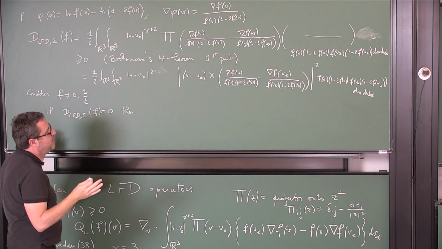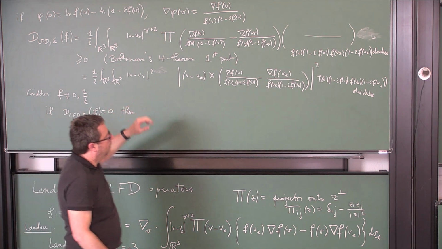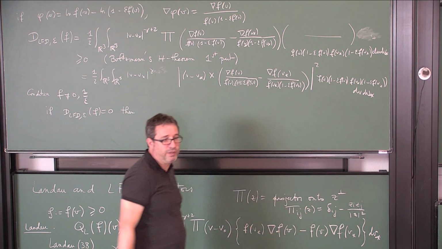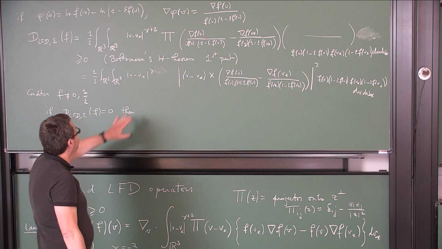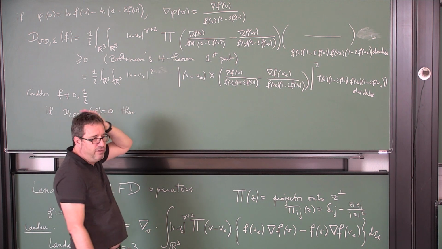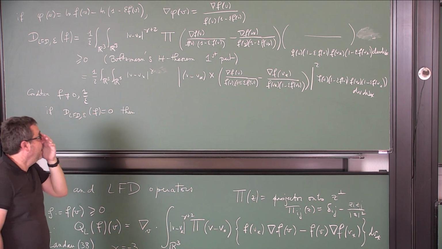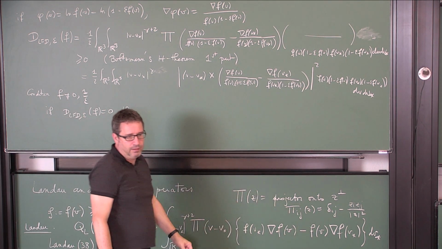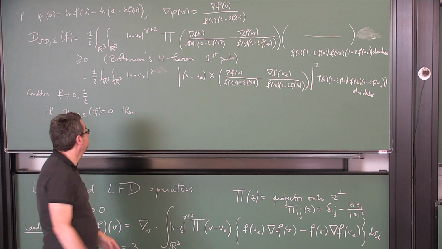Then you can see immediately that this is exactly the condition for eliminating this part, which is strictly positive now. This is also strictly positive except if V is equal to V star. And you end up just with the fact that this quantity is equal to 0. Okay?